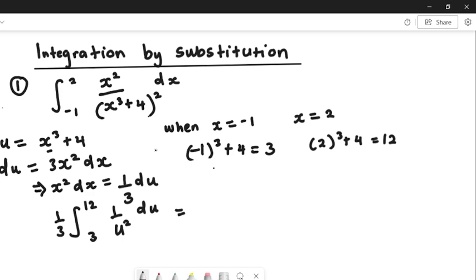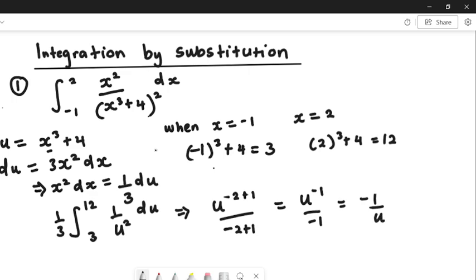Integrating 1 over u squared du is quite simple. We write it as u to the power -2. When integrating we add 1: -2 plus 1 gives u to the power -1 over -1, which is simply -1 over u.